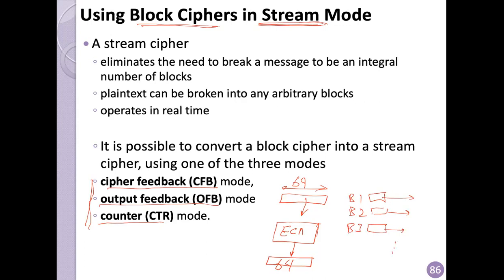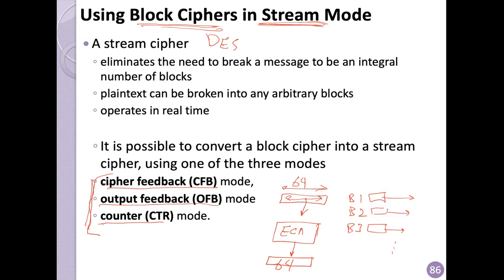These 3 encryption modes, cipher feedback, output feedback, and counter mode, give us the capability to convert block ciphers like DES, TripleDES, and AES that we've talked about into stream ciphers. Using these 3 modes, we will be able to encrypt and decrypt data which are less than 64 bits.